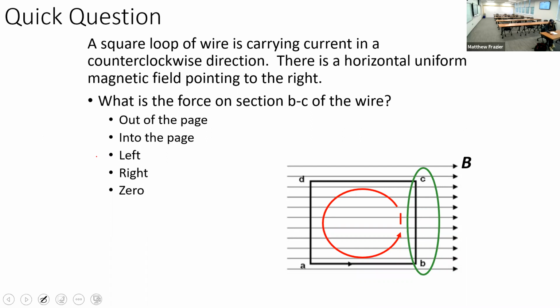The trick for this is, these are reasonably easy questions. We're going to apply the first right-hand rule we learned. What is the force that's going to act on these different sections of the coil? So for A to B, the current is this way. The current is up in B to C, it is back in C to D, and it is down in D to A. So for section B to C, your current is going to be up.